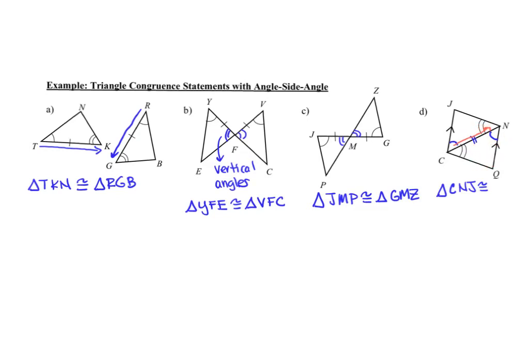How would you name this one? You should have had NCQ. So if we look at where the angles are, if I start at the angle with 1 arc mark and go towards the one with 2, that would have me go from N to C to Q. And again, all of these are congruent by the angle, side, angle, triangle congruence postulate.